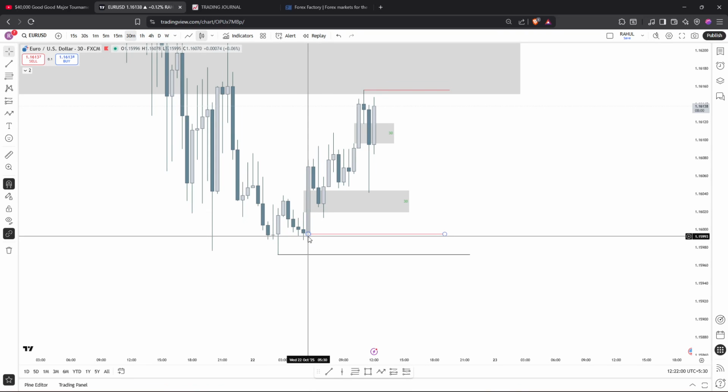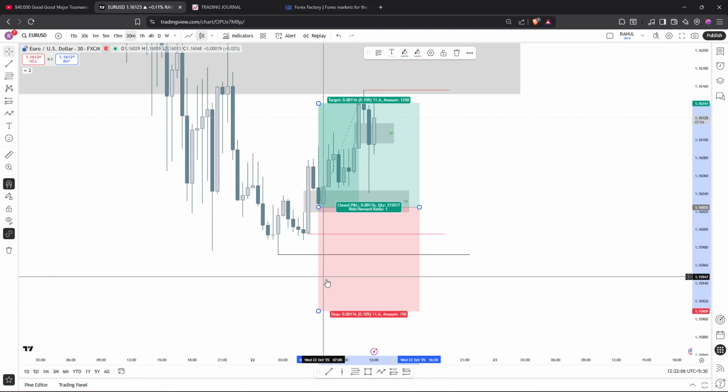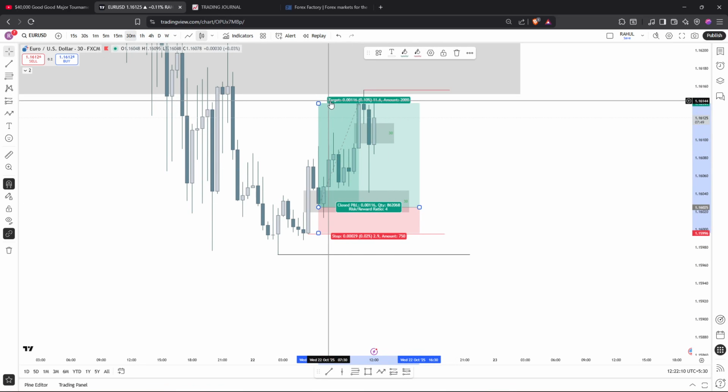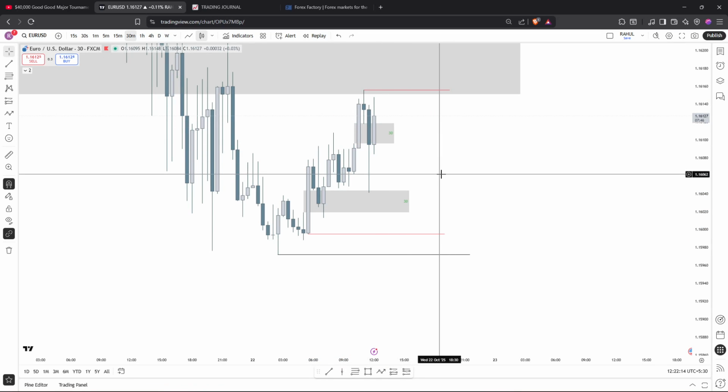So this would have been the entry. Stop loss would be somewhere here, and you can target this high, which has been successfully hit. So this was a nice trade, which unfortunately I don't trade Asian, so I cannot partake in that.